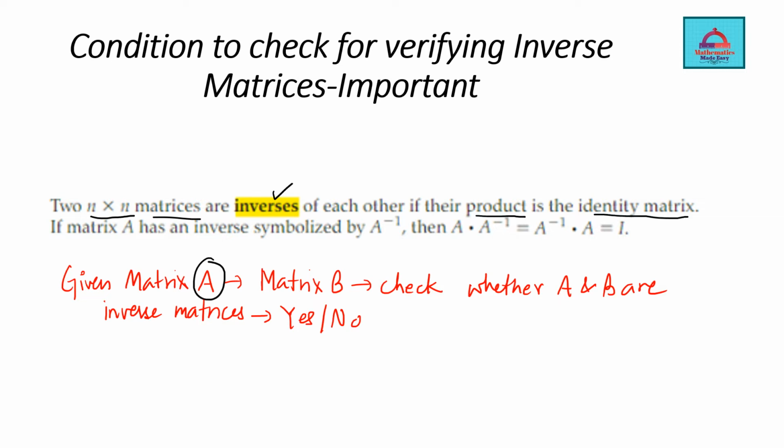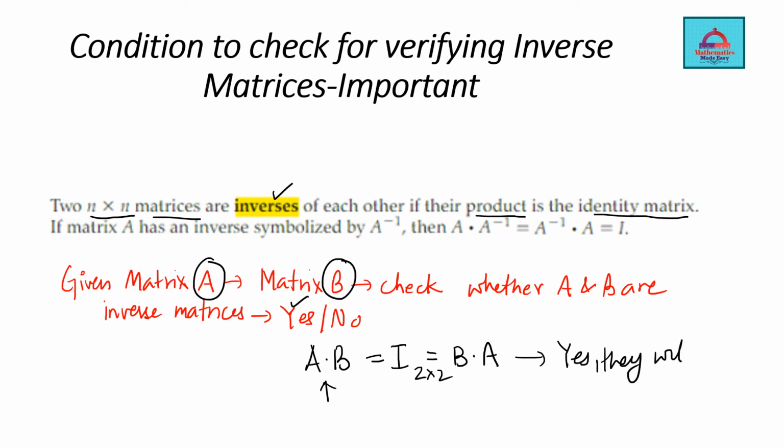If the first matrix is A, second is B, and their product A multiplied with B is identity, which is also equal to, even if we change the order, B multiplied with A. So here first A is multiplied to B, here B is multiplied to A. So whichever order you follow, if the product is equal to the identity matrix, and we are talking about 2 cross 2 here, so in that case you would say yes, they are inverse.